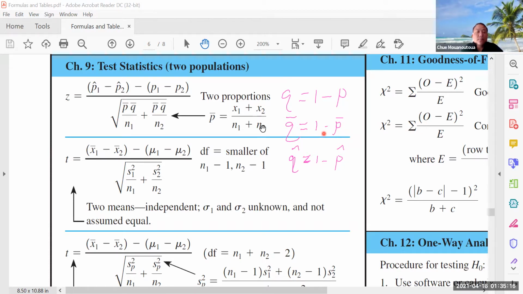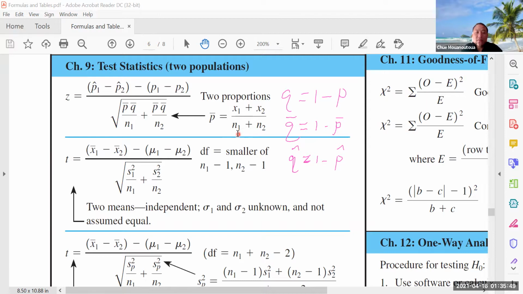Now they tell you to compute the P bar by simply taking x1 plus x2 over n1 plus n2. Again, x1 just tells you that this number came from the first population, actually the first sample. N1 is the first sample size.